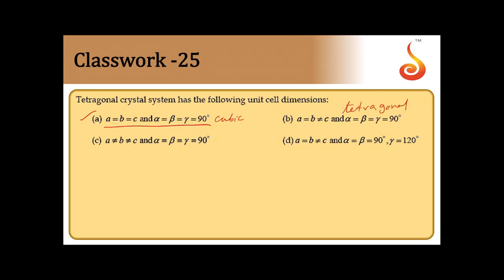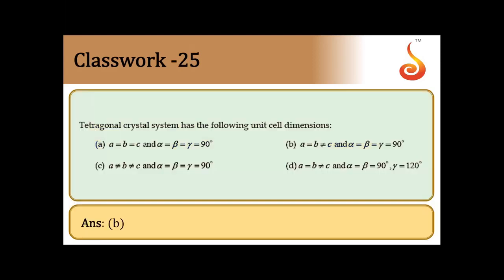And coming towards C, it is the orthorhombic form. And 120 stands for the hexagonal structure. So we need to remember the crystal distances as well as the bond angles present between the planes. So the Bravais lattice table should be remembered here. They are asking us the tetragonal system, so the answer is B.